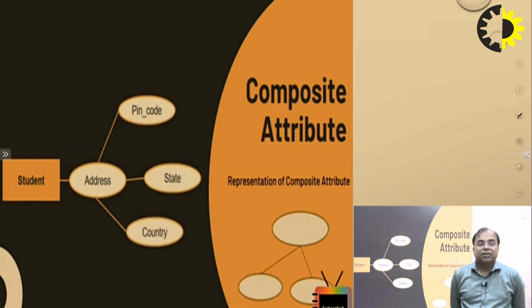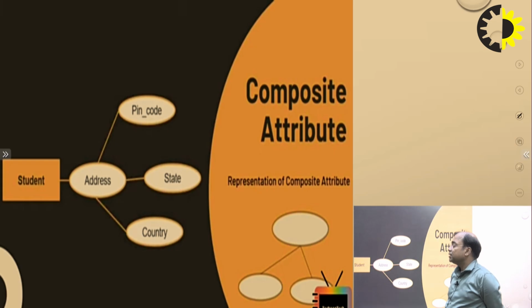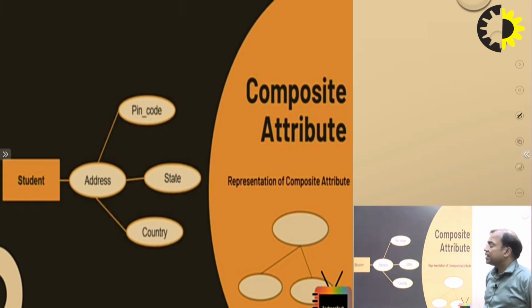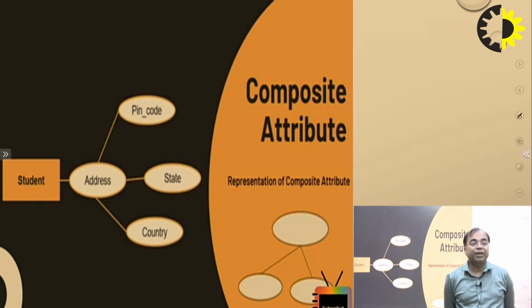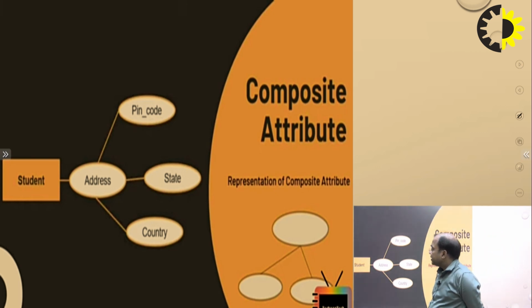composite attribute. It's a conceptual thing. Composite means the attributes which depend on some other attributes, meaning they contain some different attributes, are known as composite attributes. Address by itself is nothing. Address must be a composition of pin code, state, country, and all details. That's why if in a student entity we just write the address attribute, it does not give anything.